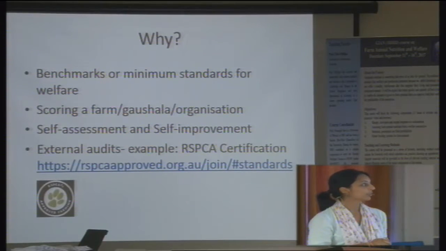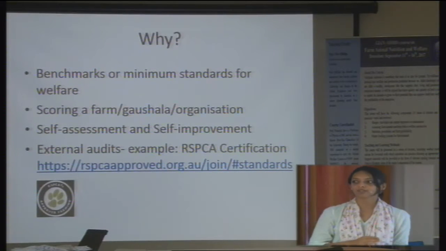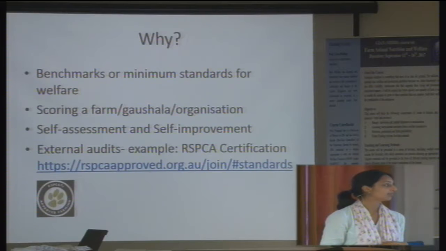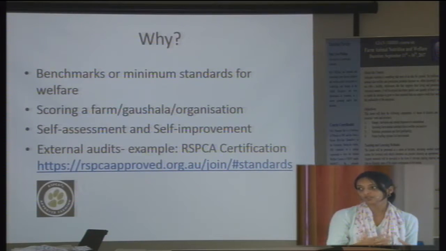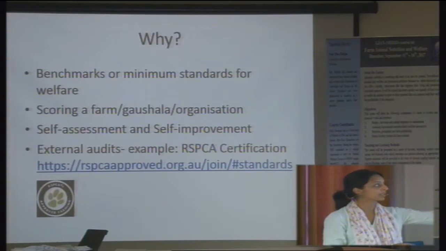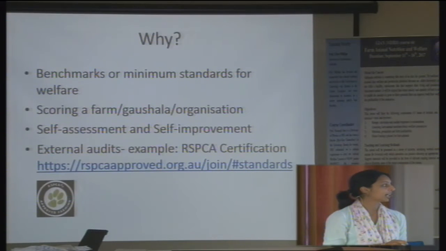And just to talk about why would we measure welfare, besides it being good for the animals, obviously, one of our aims was that through having a protocol and through it being used in many Gaushalas, we would ultimately be able to work out some minimum standards, which are very necessary.